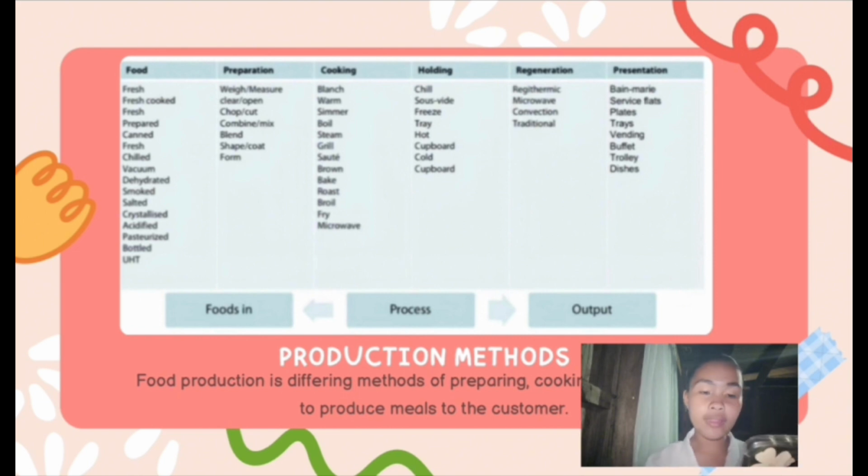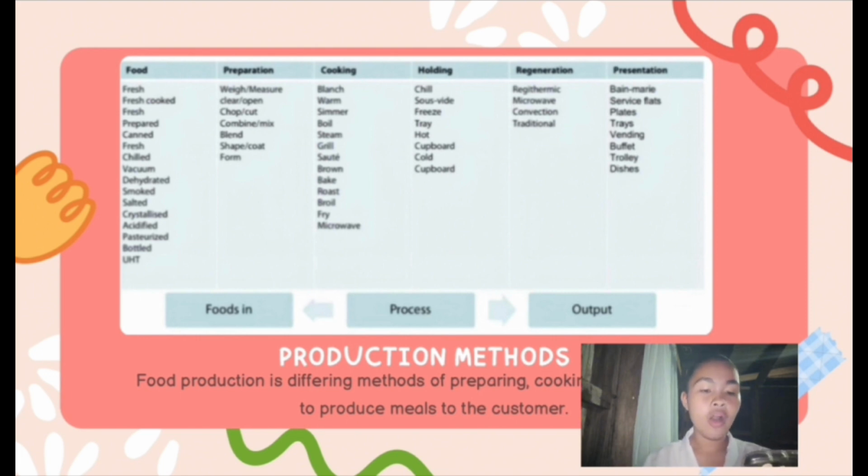Preparation has weigh, measure, clean, open, chop, cut, combine, mix, blend, shape, coat, and form. Cooking has blanch, warm, simmer, boil, steam, grill, saute, brown, bake, roast, broil, fry, and microwave.